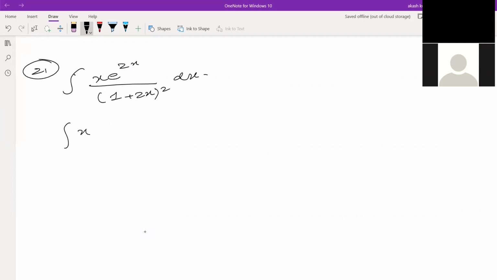Can I write my function in a separate form, x e to the 2x separately and 1 over (1 plus 2x) square separately? So I can say that this is my u and this is my dv. Is it clear now? Okay.